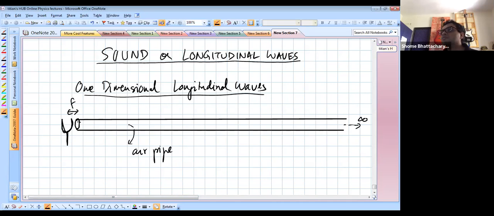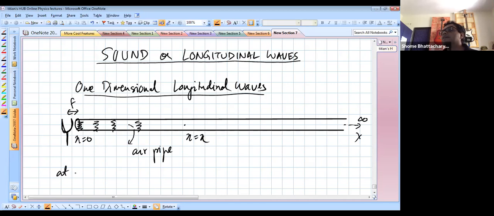So what they create is a disturbance like this. That disturbance is carried along the pipe. Okay. So if we take this as our x-axis, if this is x equal to 0 and this is some general point x equal to x.